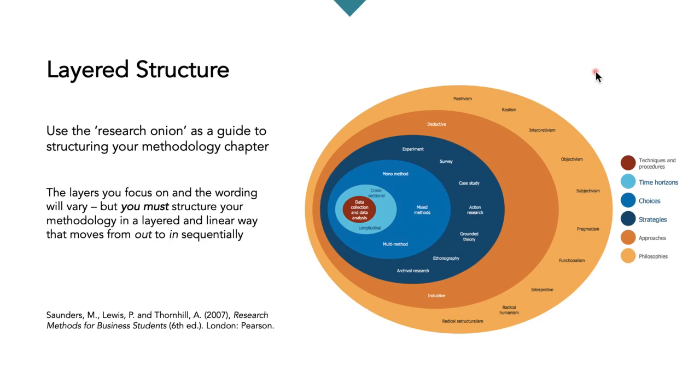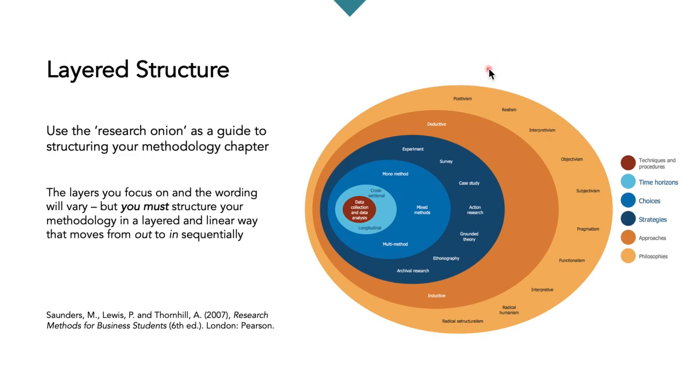And if we go back to what I was saying a minute ago about showing your marker, showing your reader your understanding of how the methods or methodology influences your research and the role it plays in shaping everything that comes in terms of the cultivation of knowledge and answering the questions, you have to show your ability to structure this chapter in this way in order to show how the decisions have a knock-on effect. And that's what this layered structure is about, this out to in.